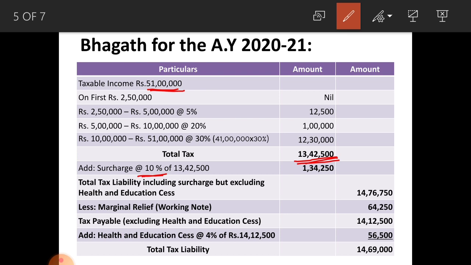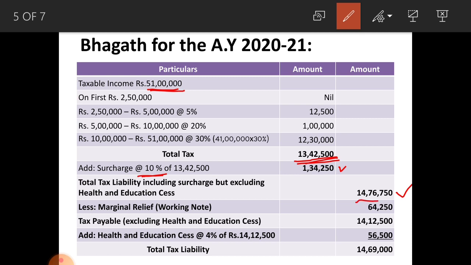That means surcharge at 10% of 13,42,500, that amounts to rupees 1,34,250 rupees. So the total tax liability including surcharge but excluding health and education cess amounts to rupees 14,76,750, that is 13,42,500 plus 1,34,250.